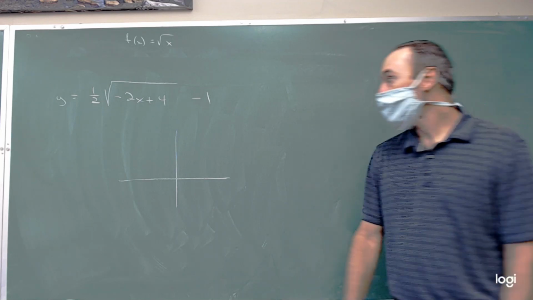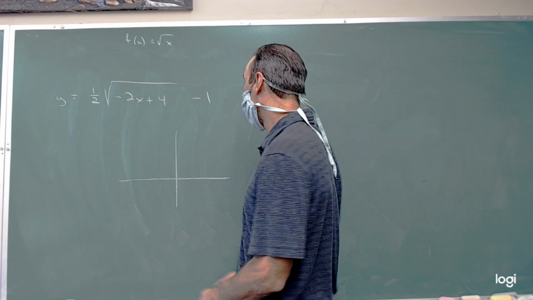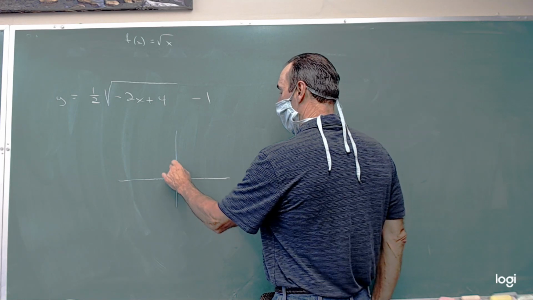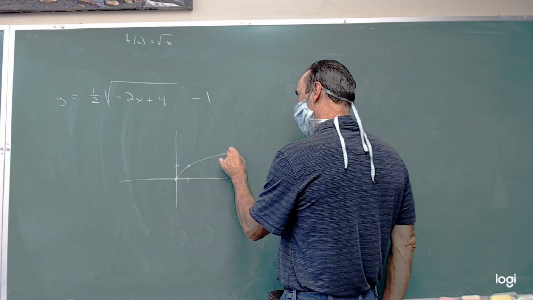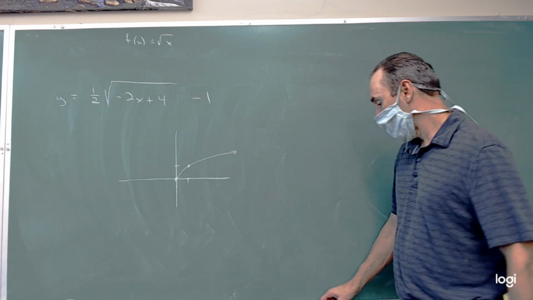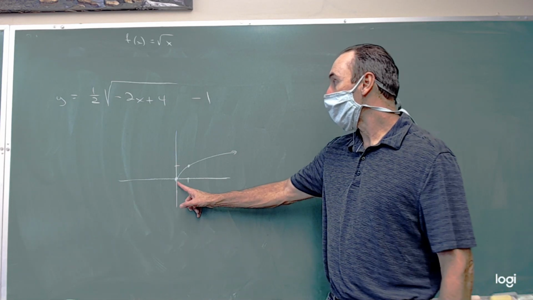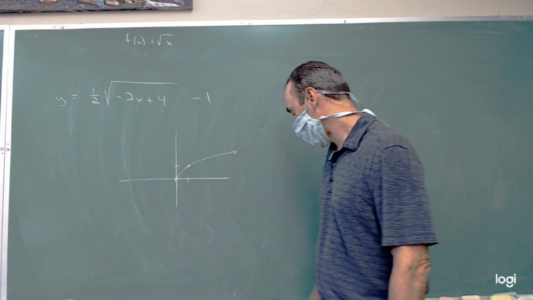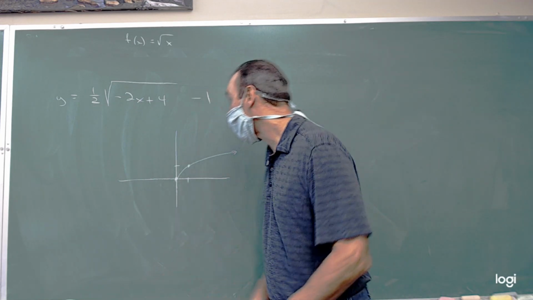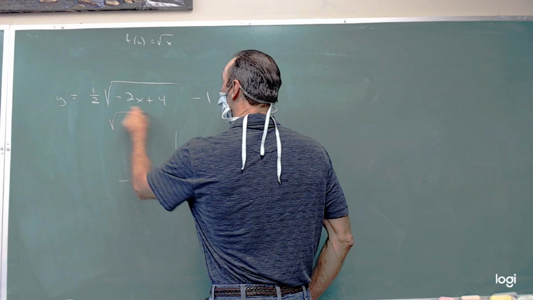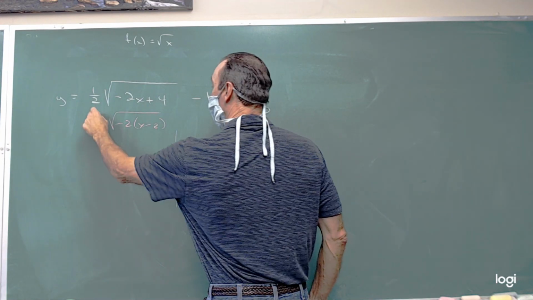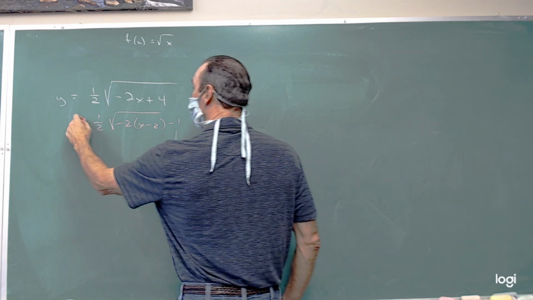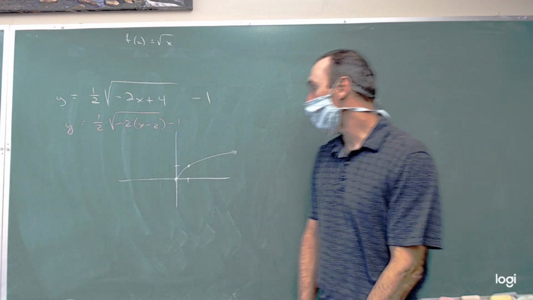So our point 0, 0, that's where our parent function starts, and we're going to contain the point 1, 1. It's looking like that. Now, the point 0, 0 is unaffected by our stretches and shrinks. I guess I should factor in here. Inside here, we're factoring out that negative 2, and so our function is going to look like this in factored form.